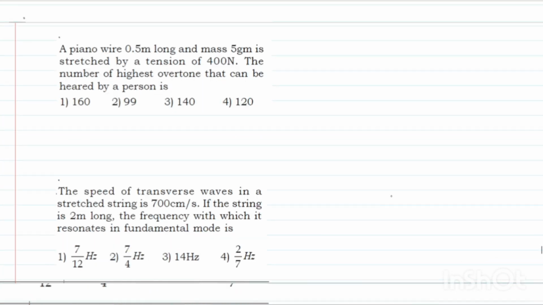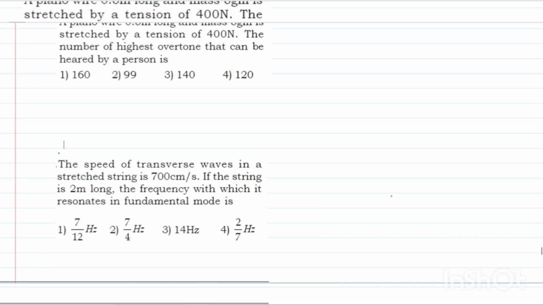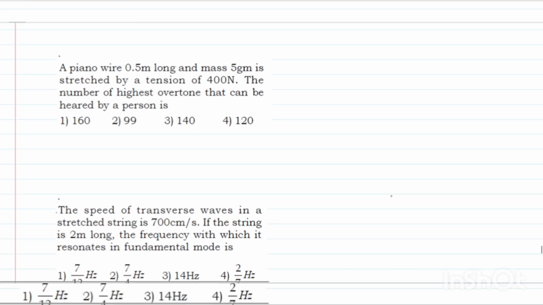Here a piano wire is given as 0.5 meter long, and its mass is given as 5 gram, stretched by a tension of 400 newtons. The number of highest overtone that can be heard by the person is asked.